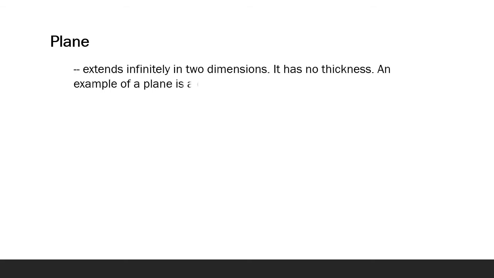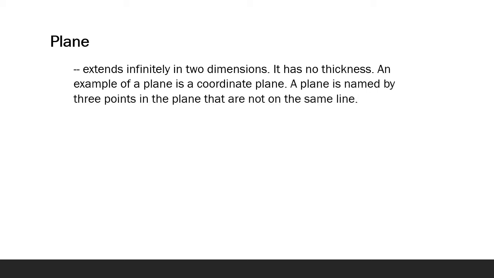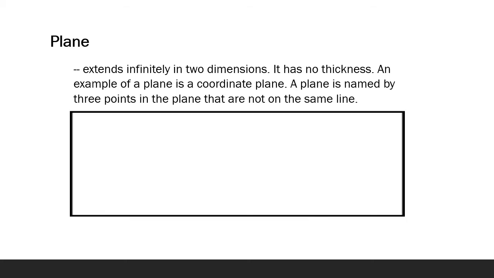Now, plane. A plane extends infinitely in two dimensions. It has no thickness, and an example of a plane is what we call a coordinate plane. A plane is named by 3 points in the plane that are not on the same line. For example, we have this rectangular shape and 3 dots.